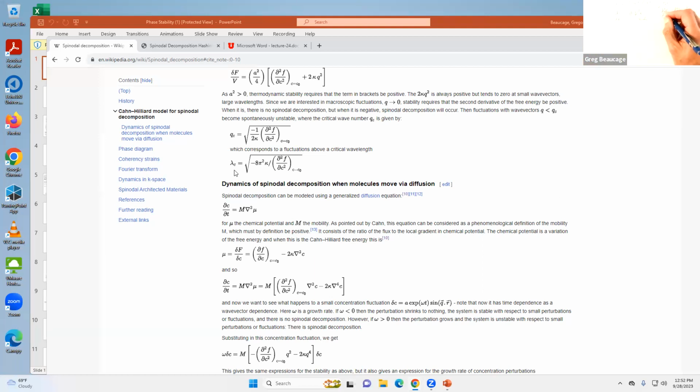In other words, that would be just d squared c/dx squared if it was in one dimension. Right. But the way they write this thing here is dc/dt equals M del squared mu. Mu is the chemical potential, like dG/dn_i, so that'll be mu_i. So what does chemical potential have to do with concentration?